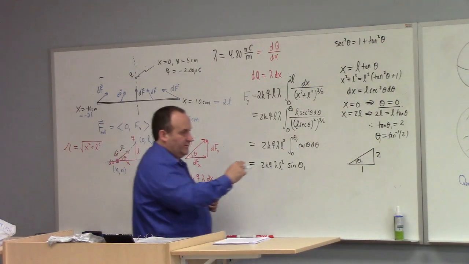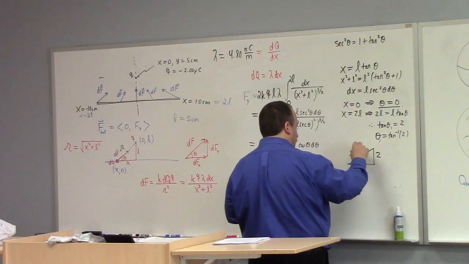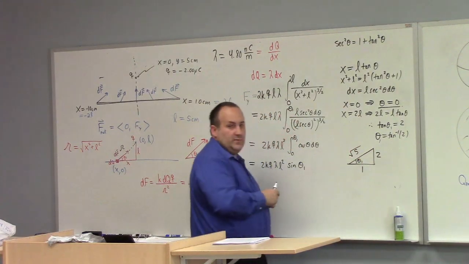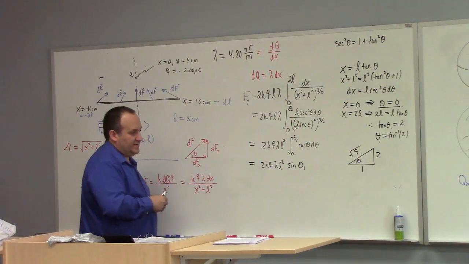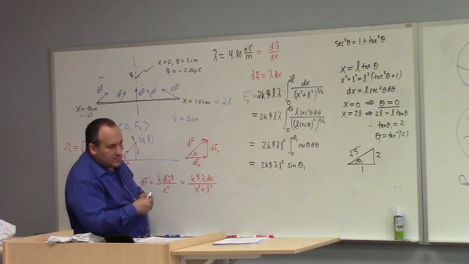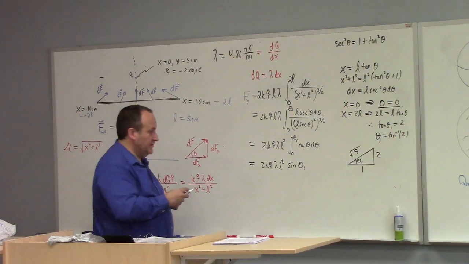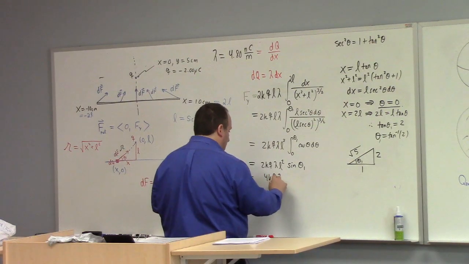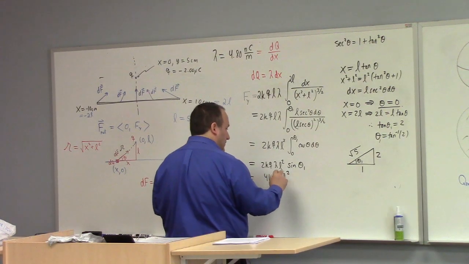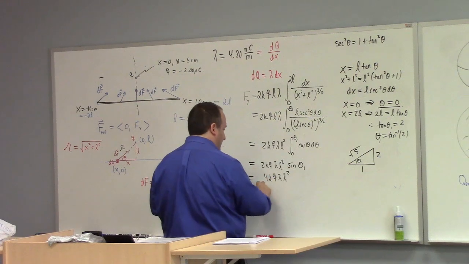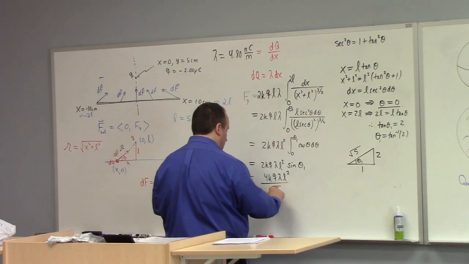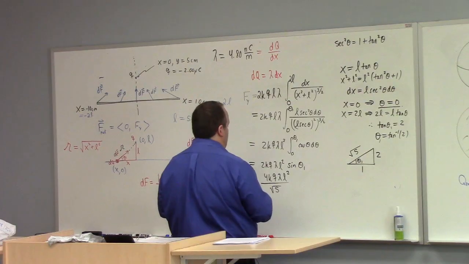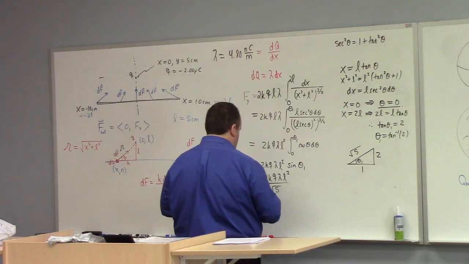And as such, this over here is the square root of 5, which makes the sine of this angle 2 over root 5. So we've got 4k q lambda L squared divided by square root of 5. And then I guess I could put in the stuff.